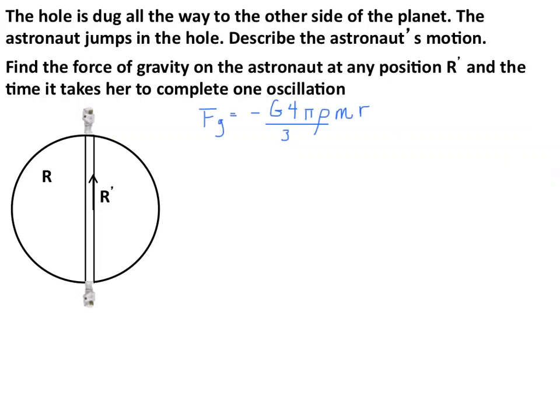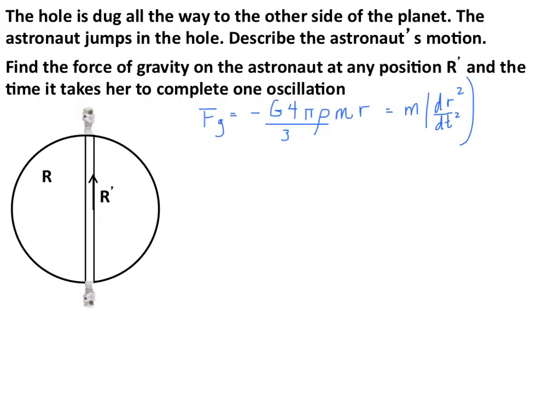Again, this is a force of gravity equation that we just derived. Remember that force of gravity is equal to mass times acceleration. In this case, we can write acceleration to be the second derivative of position with respect to time. Again, this is a review of the simple harmonic equations that we derived earlier.